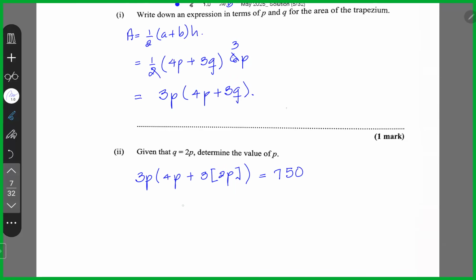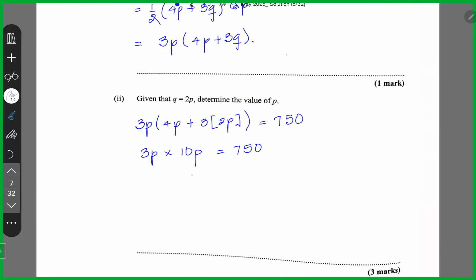Work out inside the bracket, we're going to get 3p multiplied by 2 times 3, which is 6, plus 4 is 10. So that is 10p. So 30p squared is 750. Divide both sides by 30.